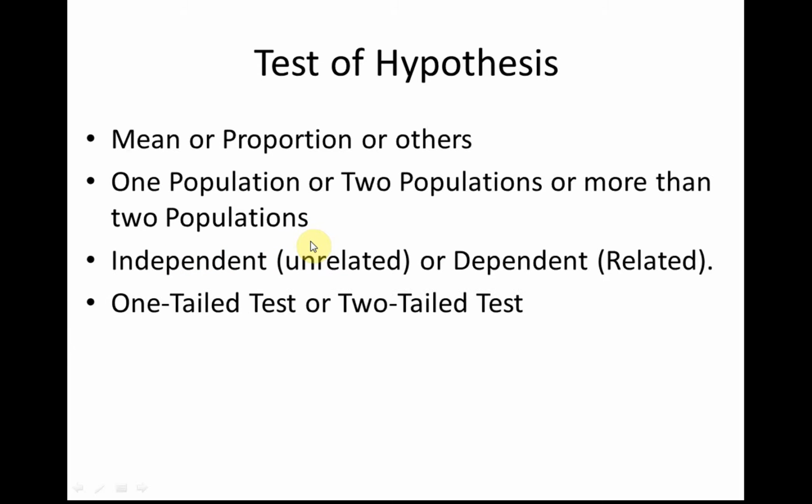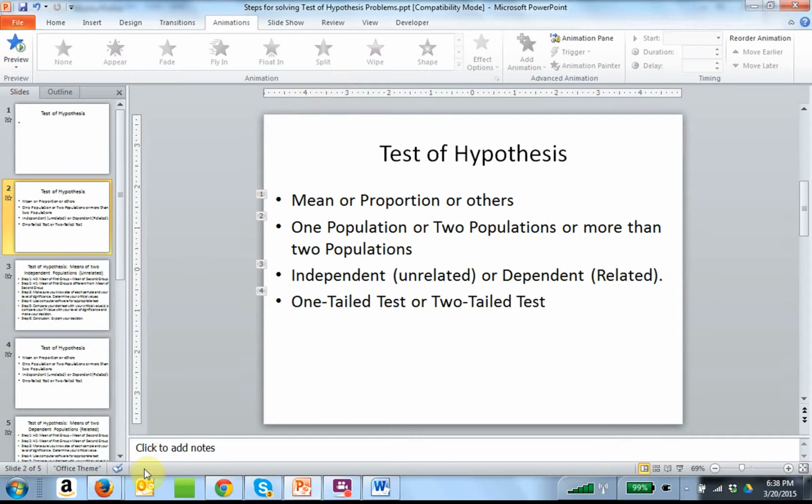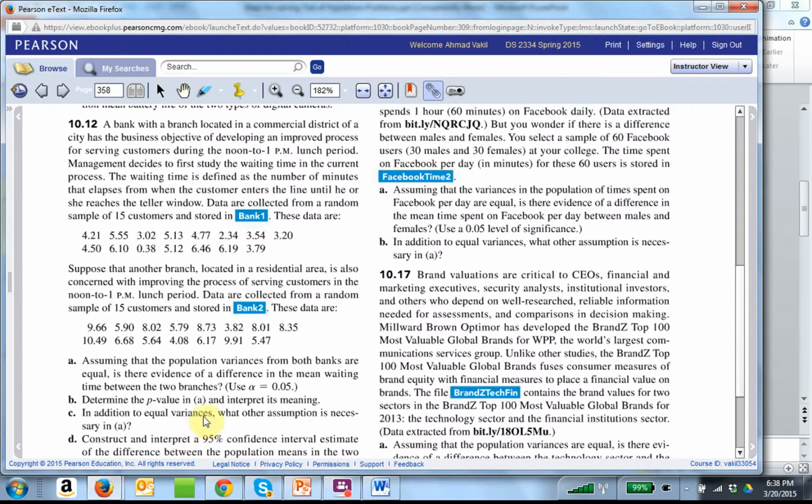And lastly, I have to decide if it's a one-tail or two-tail test. Again, this is not going to be an easy one. I have to read the problem and see what it is really asking. So if I go back to the problem, right away it says, is there evidence of a difference in the mean waiting time between the two branches?